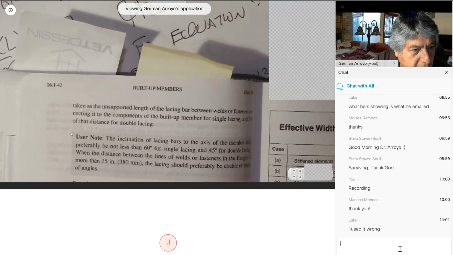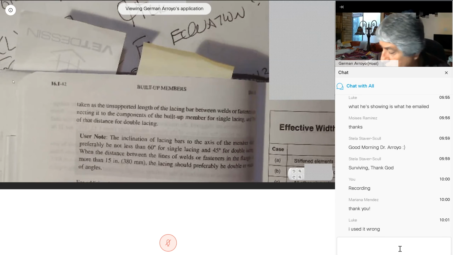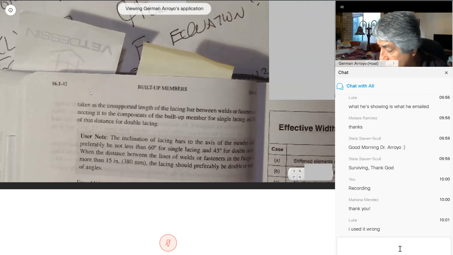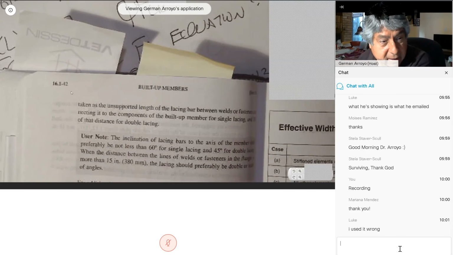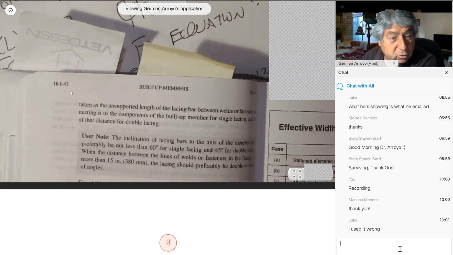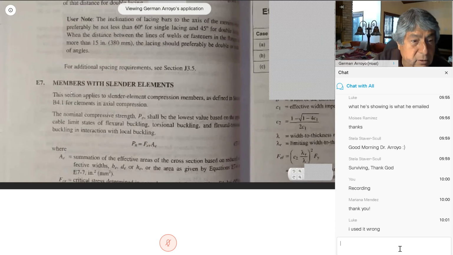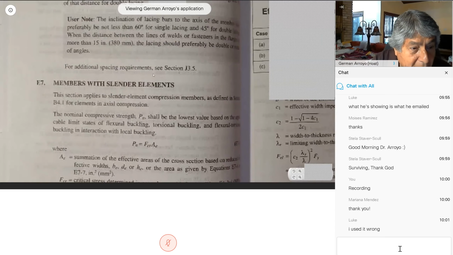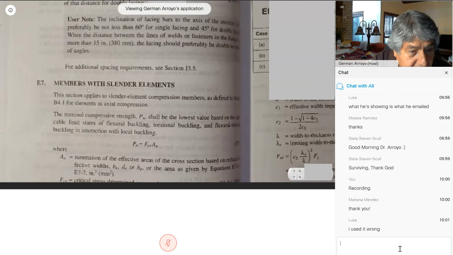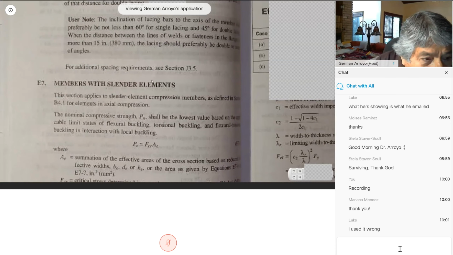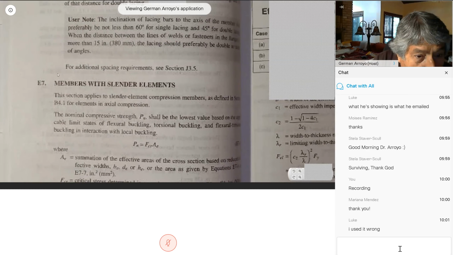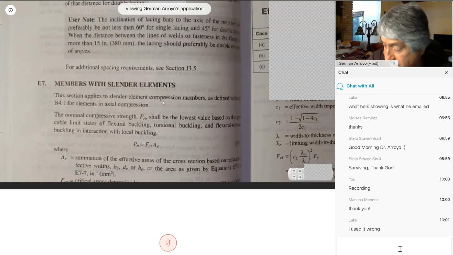So whenever we have local buckling, we go to 16.142, E7. Those are the members that have local buckling. They call it a slender element. It could be the web or it could be the flanges. We're going to talk about that later.